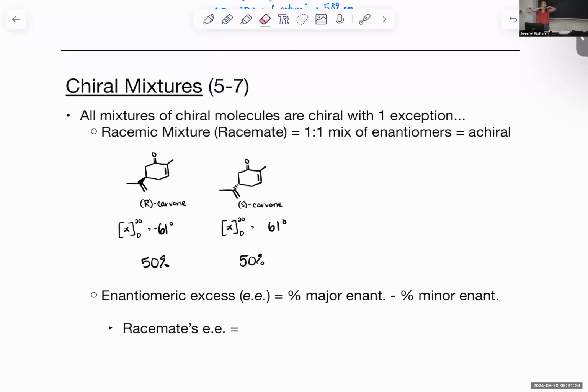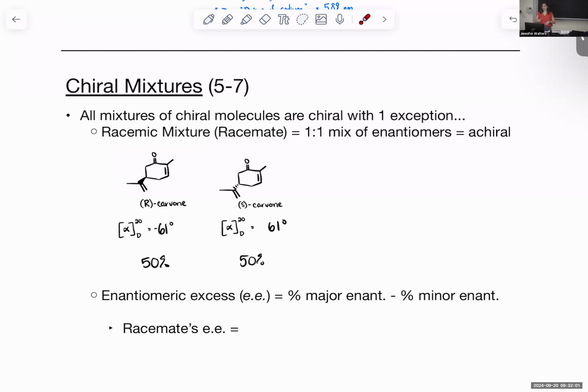If you are yes at the molecule level, then you are usually yes at the mixture level. That is usually the answer, unless you are the exception, unless you are racemic. So our racemic mixture, or racemate, is specifically that one-to-one mixture of enantiomers. That is the only mixture that will be achiral, not chiral.